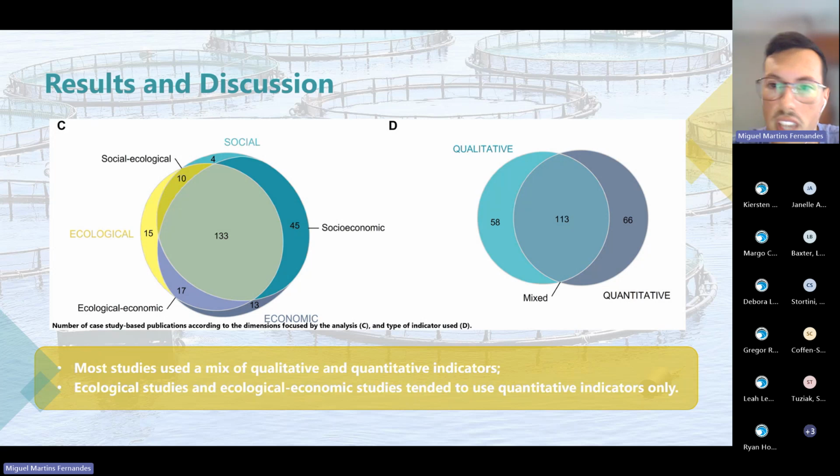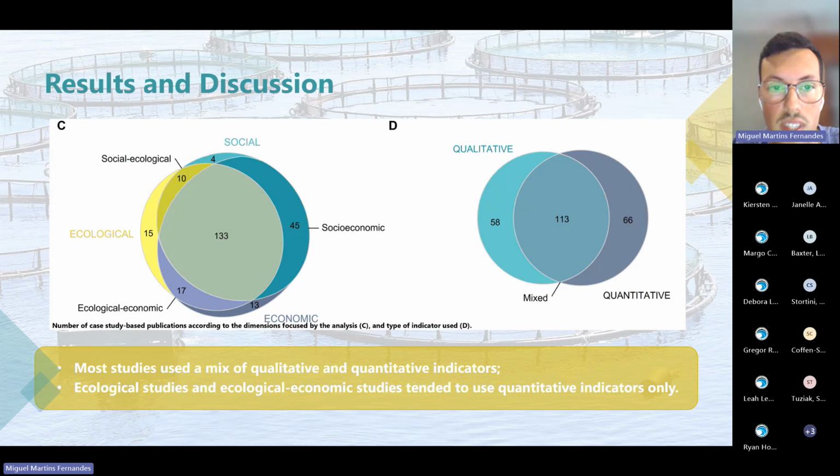Although they are quite specific, they try, for example, to assess only fisheries or only tourism, they try to understand the different dimensions related to the activity, being social, economic, or ecological. And to do so, they need to use a mix of qualitative and quantitative indicators. So that's why most of the studies try to understand these systems as a whole, which I think is also very interesting to note.